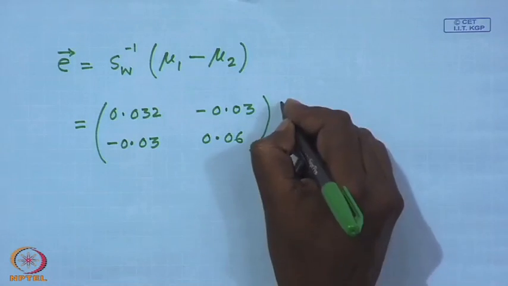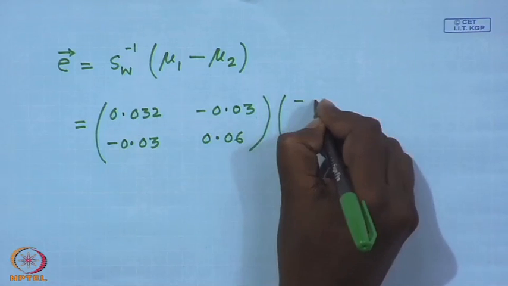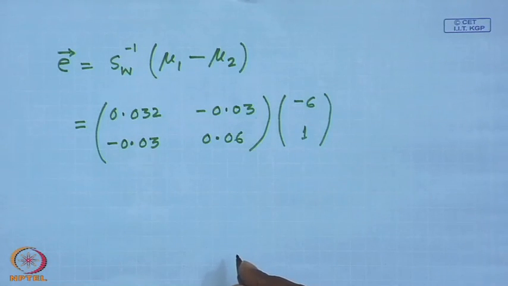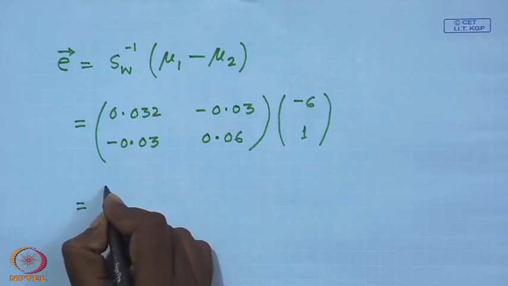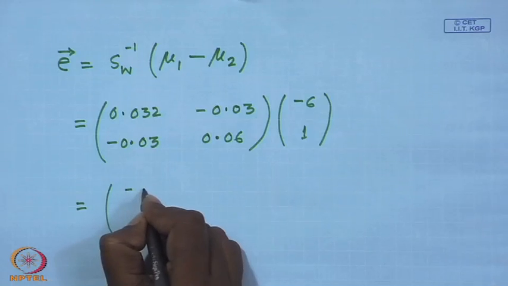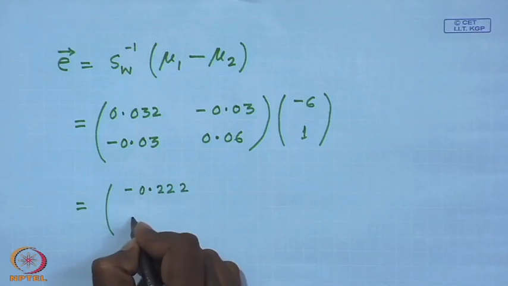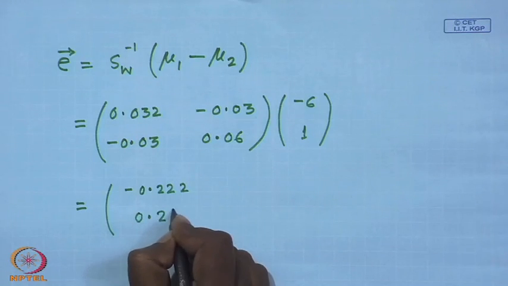You multiply this by the column vector minus 6, 1, and if you compute this, you will find that it comes out to be minus 0.222 and 0.24.